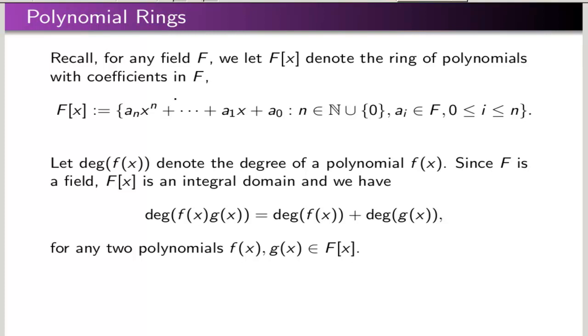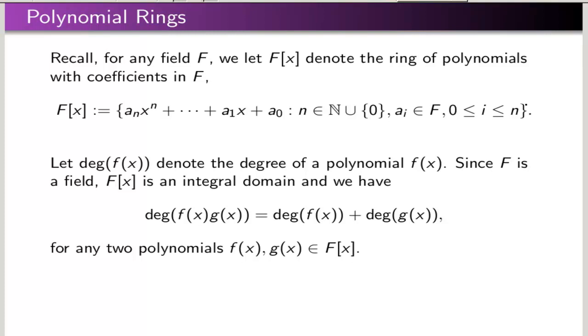So the degree n can be any natural number, or it could be 0. Maybe there's just a constant term here. The coefficients have to belong to the given field F. And all of the coefficients. So i goes from 0 to n here. Okay, so again, you can read more about that in the appendix.